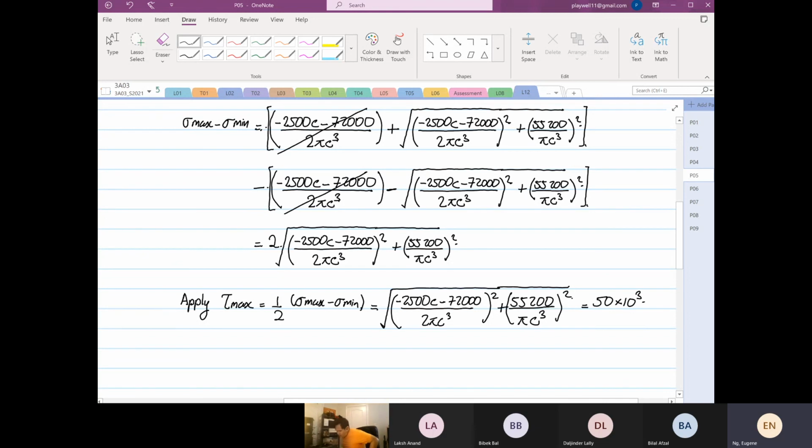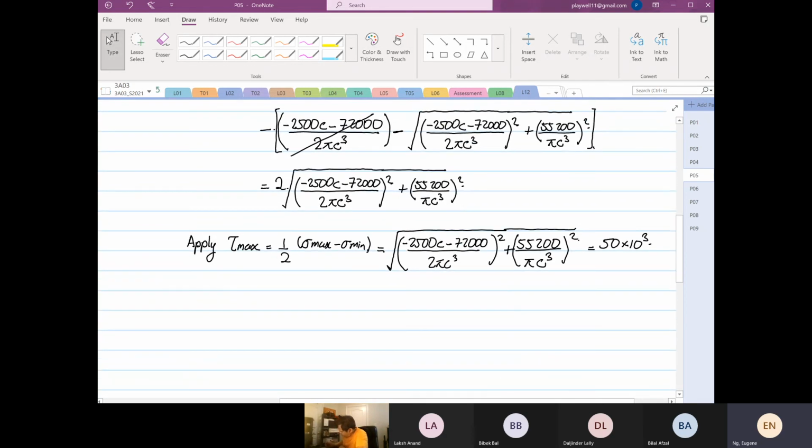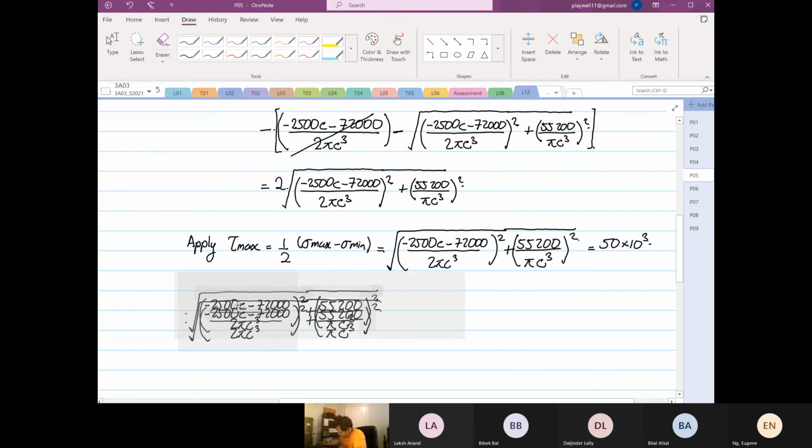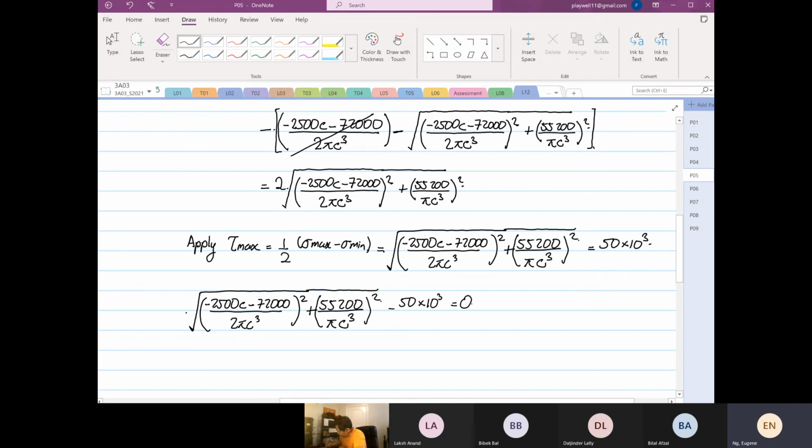So everything is online. What we're going to do is use Excel to solve it. We are going to rearrange this equation, so it's equal to the square root of this entire equation minus 50 times 10 to the power 3 is equal to 0.